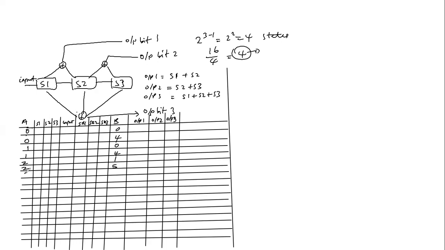Then we can move to state 3. So it's still 1, 5. That's interval 4. Then we can move to state 4. That's 2, 6. And then state 5. It's 2, 6. Then we can move to state 6. That's going to be 3, 7. And then state 7 is going to be 3, 7.